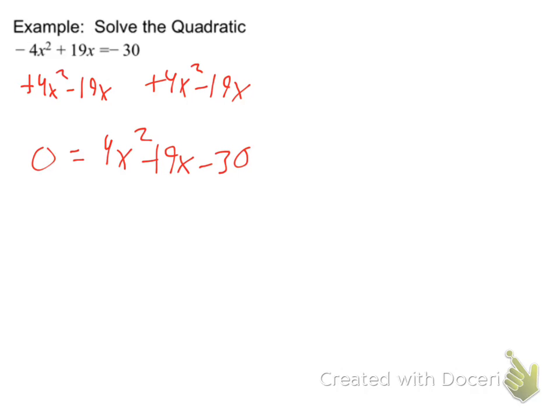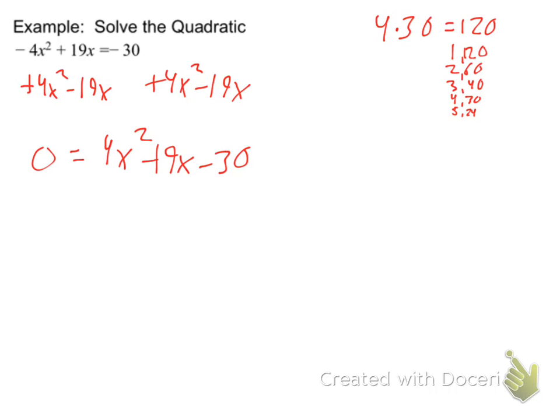Now I can factor it just like we've been doing. 4 times 30 is 120. What are the factors of 120? 1 and 120, 2 and 60, 3 and 40, 4 and 30, 5 and 24, 6... Wait.